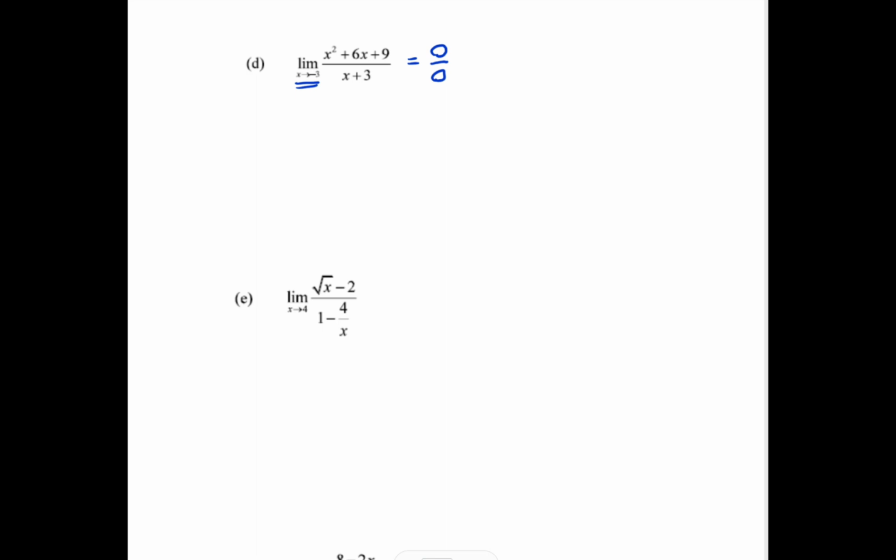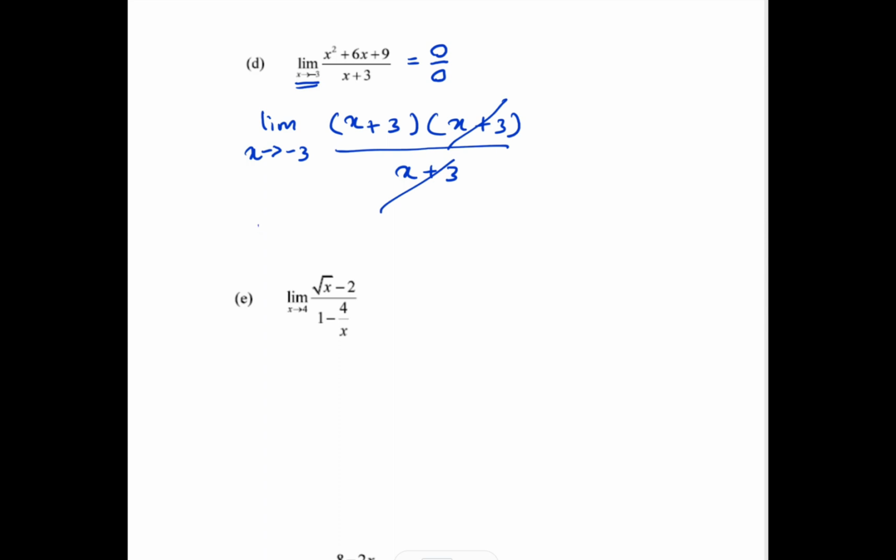You need to factorize or times by conjugate, and because it involves a polynomial function, you need to factorize. So limit x approaches negative 3, factorize the upper value: x plus 3 times x plus 3. You can simplify here.